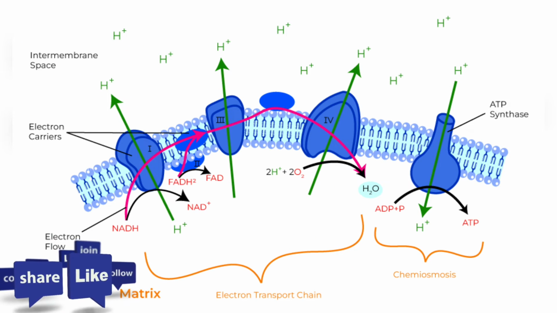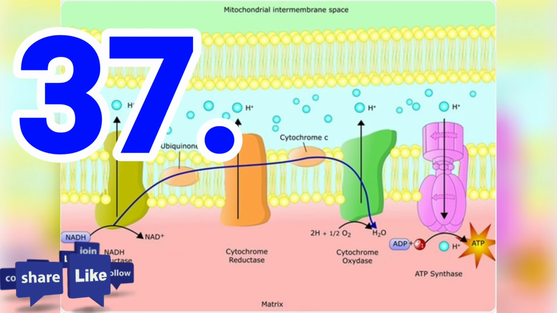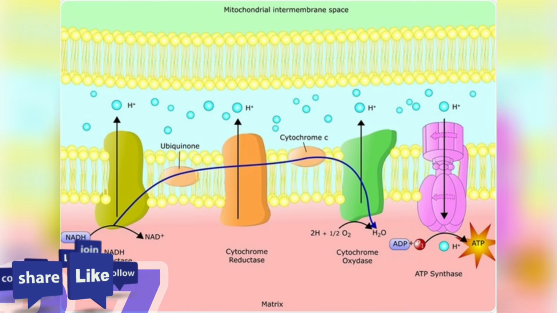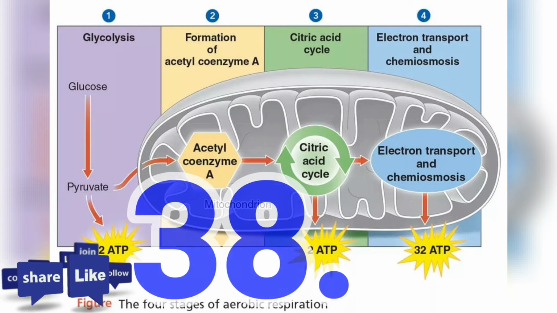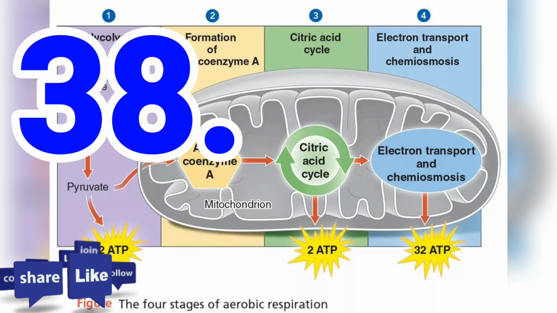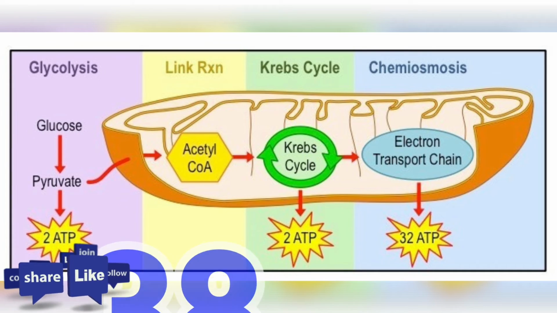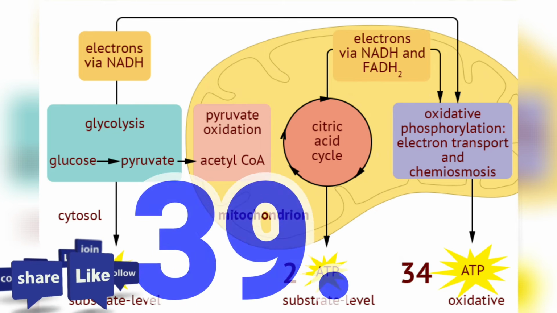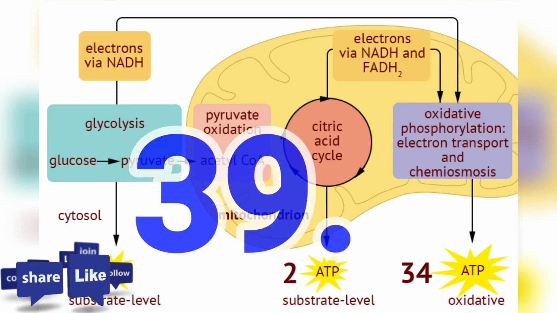In the ETS, the mobile electron carriers are cytochrome c and ubiquinone, UQ, also known as CoQ. In aerobic respiration, the net or total gain of ATP from 1 glucose or fructose is 36 ATP or 38 ATP. In aerobic respiration, the net gain of ATP in prokaryotes is 38 ATP.